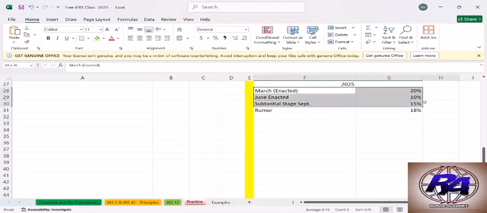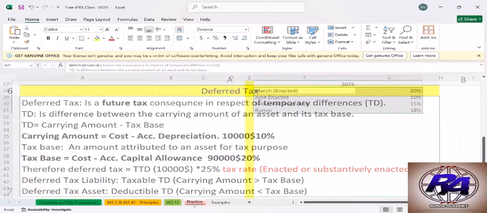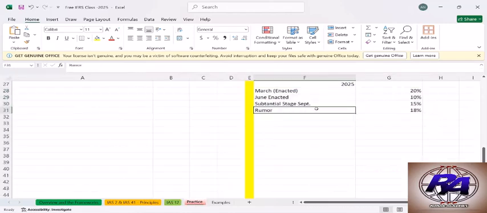Okay, so among all these rates, which one are you going to use? I said something earlier. We are looking at the most current enacted or substantively enacted. So any rumor or hearsay is not a tax. Although this is the most current, let's say this is December, that there will be a tax change, but it's a rumor.